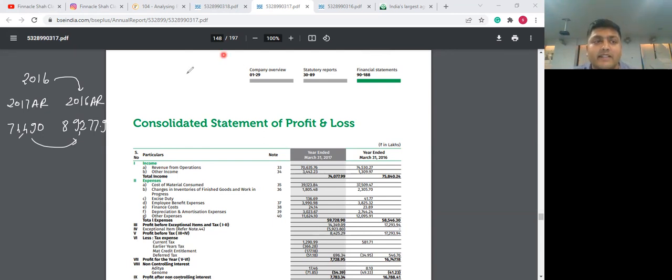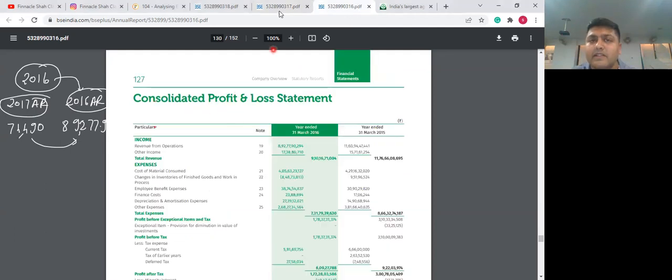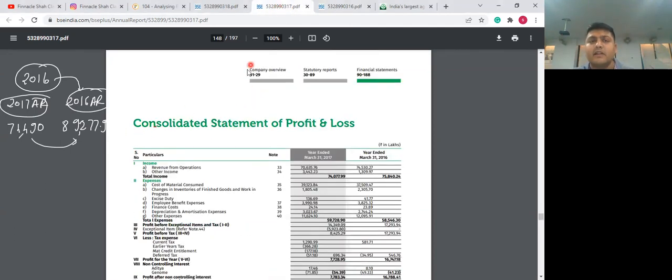The 2016 year was the same, but in different annual reports we find different figures for 2016. And trust me, the difference is not because it's standalone or consolidated, because in both the annual reports the figures are consolidated, as you can see as well. So it's the same company, consolidated figures, but still for both the years there seems to be a huge difference.